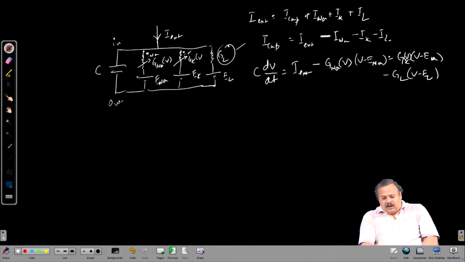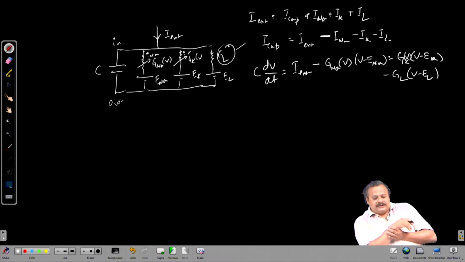Now, like we were earlier saying, we would simulate this differential equation with a starting point, and then see how the voltage changes with time for a given I external over time. If we enforce a V threshold, we can find out where the spiking is going to happen and so on.